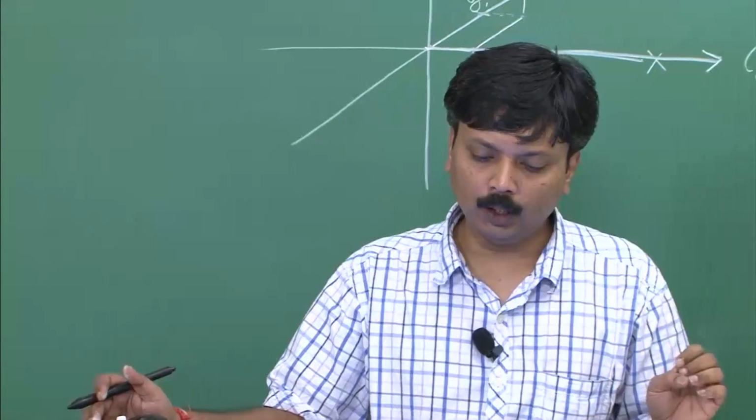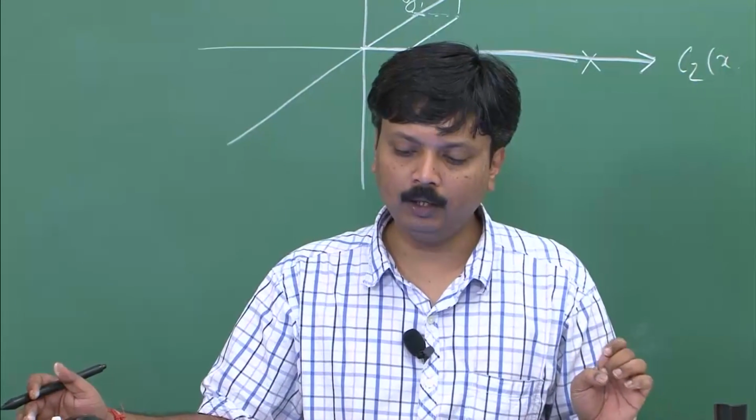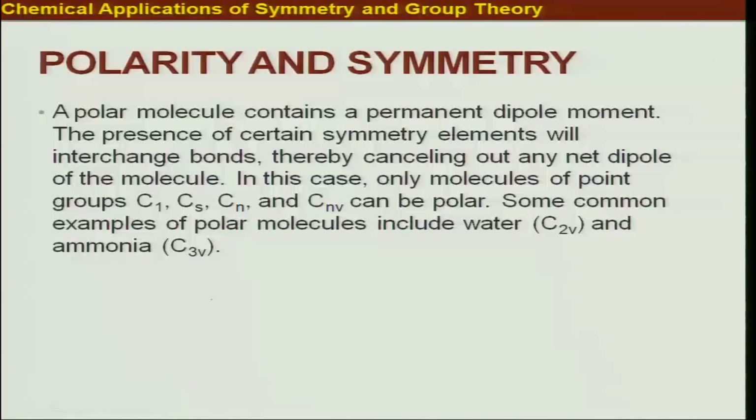So in this case, only molecules of point group C1, Cs and Cn and also Cnv can be polar. But if you have something like the D4h point group, it will not be polar. You can easily find out that there cannot be any net dipole moment. So like ammonia is polar, but benzene is non-polar.